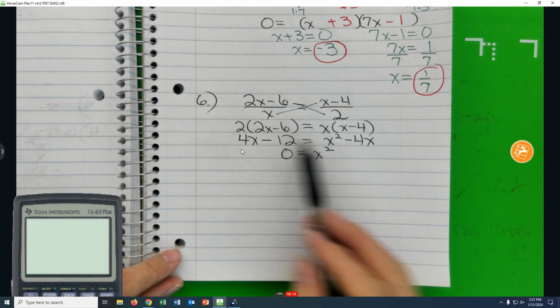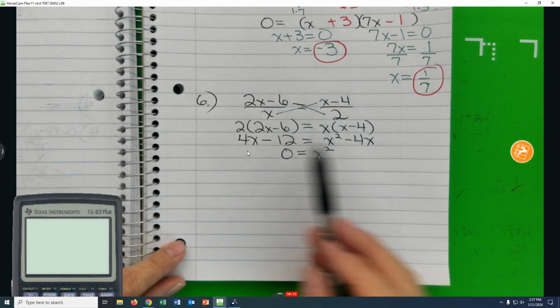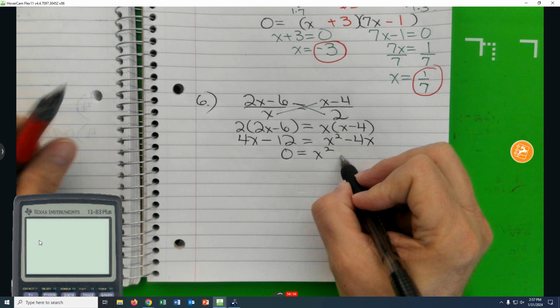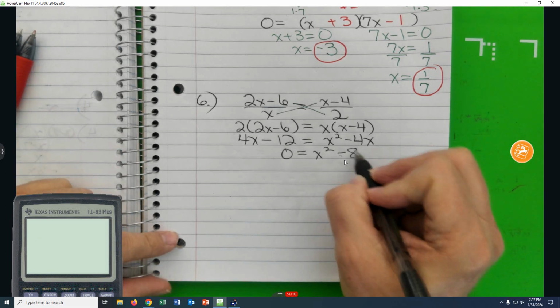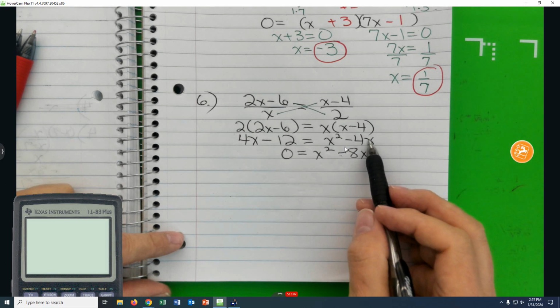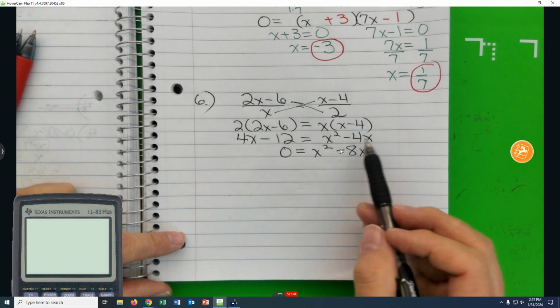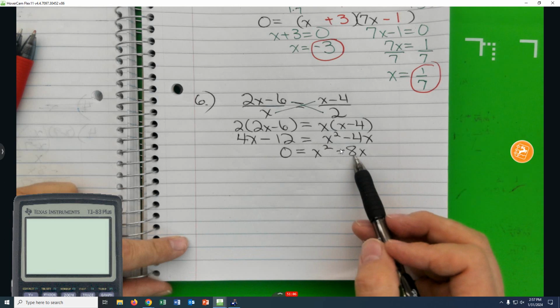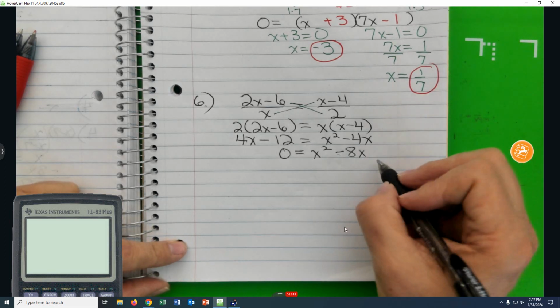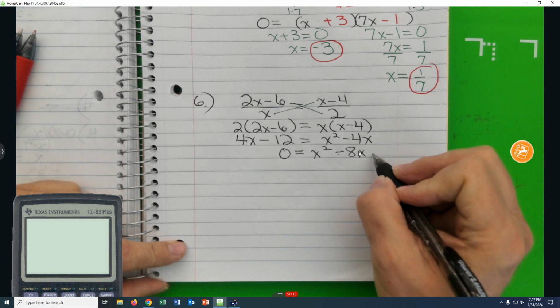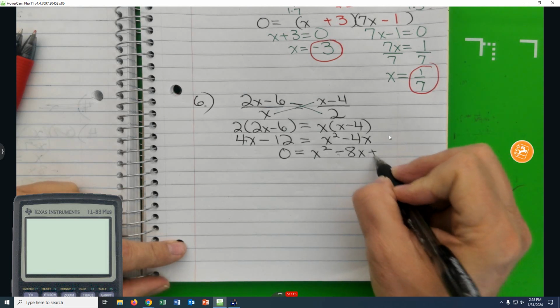Let's move this 4x over here. Negative 4x minus 4x. What's that going to give me? Negative 8x. Be careful, they're not going to cancel out because they don't have the same sign. Negative 4 minus 4 gives us minus 8. Move the constant term over. Plus 12.